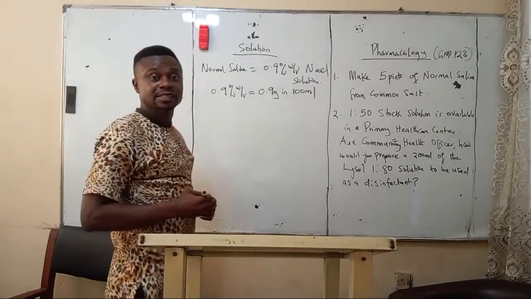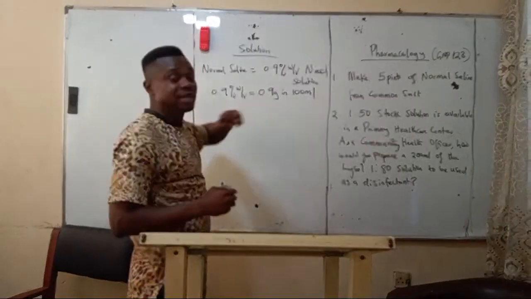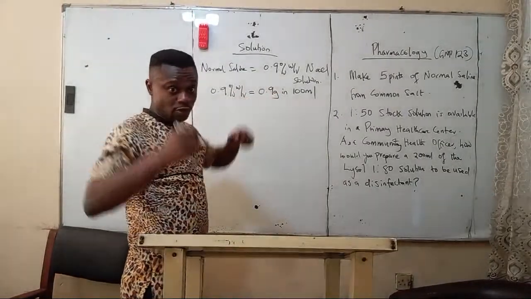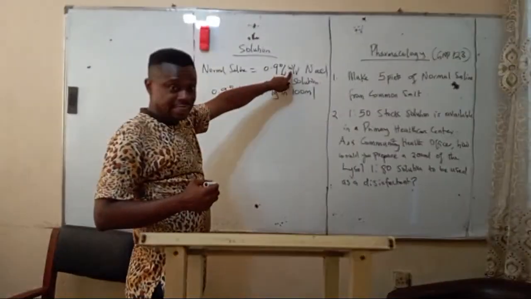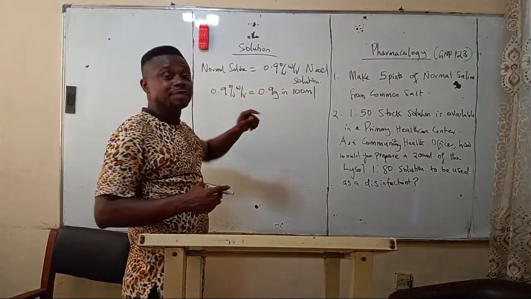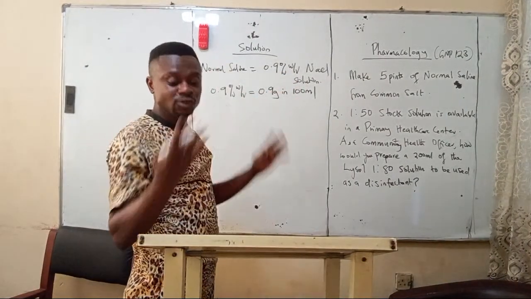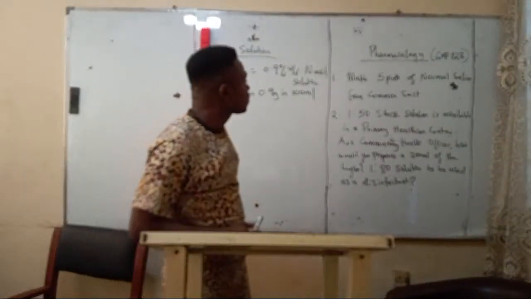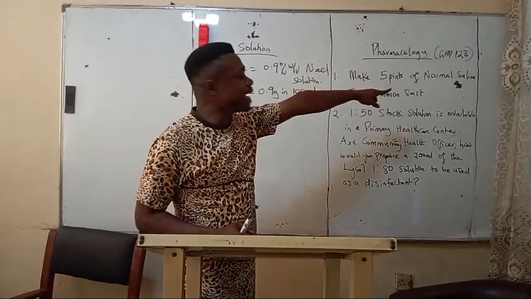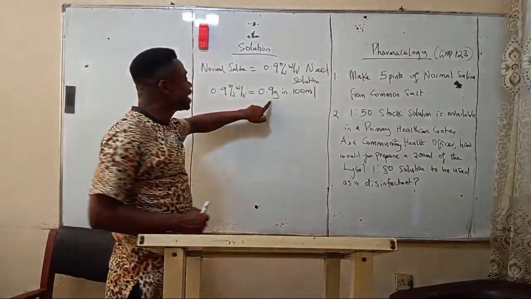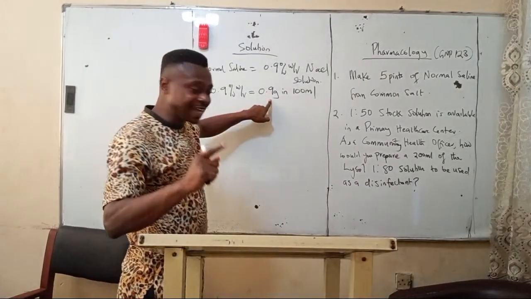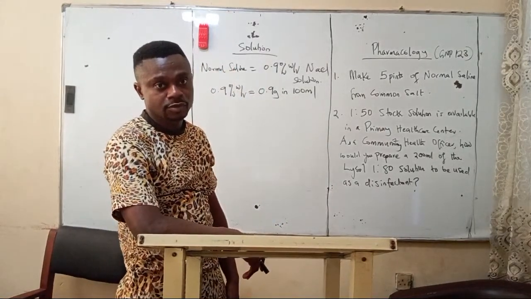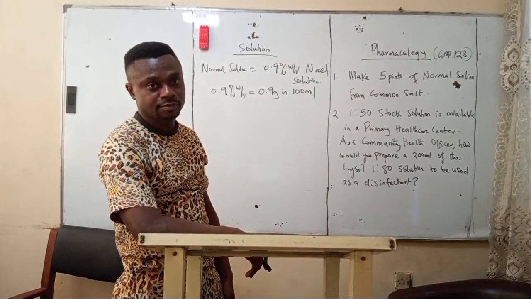The entire solution is 100 ml. So normal saline is 0.9 gram of sodium chloride in 100 ml solution. That's the meaning of normal saline.